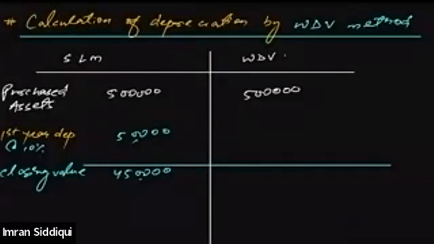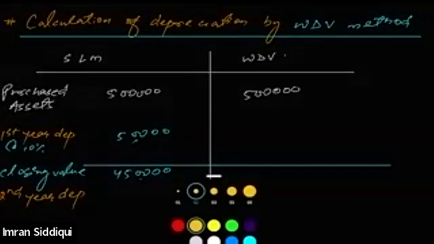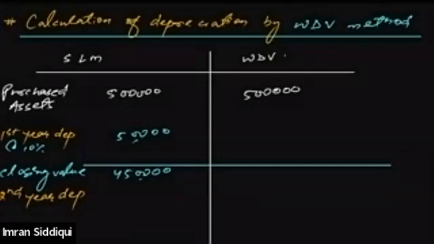Right? And let's suppose in the next year, you need to calculate depreciation again. So for the second year's depreciation, how and on what value will you be calculating depreciation? Tell me. On what value will you be calculating depreciation at the rate of 10% per annum?